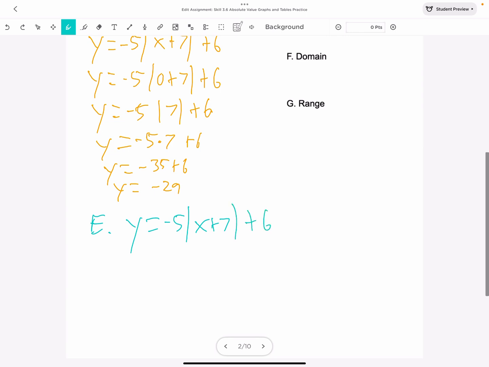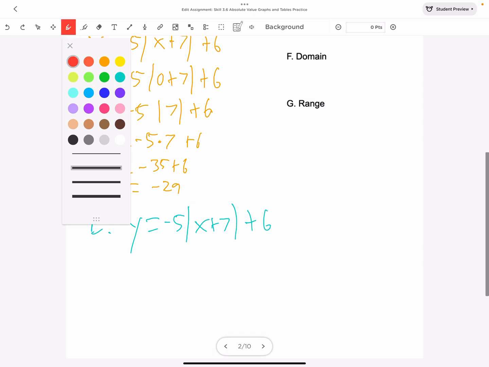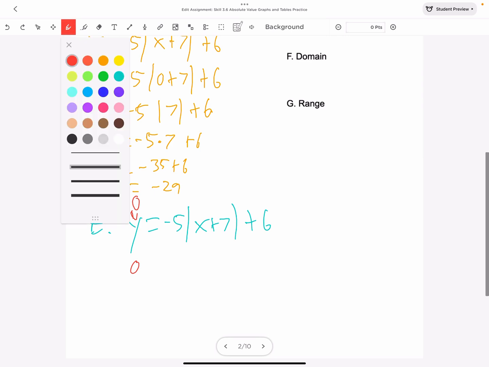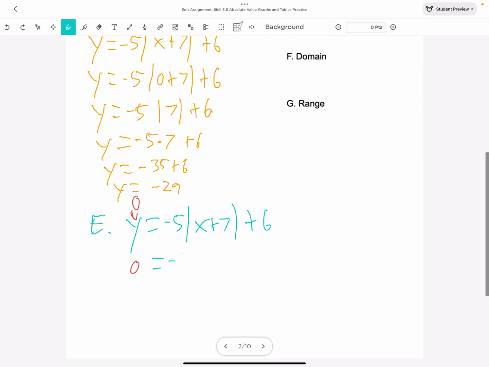But now I'm substituting 0 into my y, because these are fractions. So this would be 0 equals -5 times the absolute value of x plus 7, plus 6. Subtract 6 from both sides. That's -6 is equal to -5 times the absolute value of x plus 7.